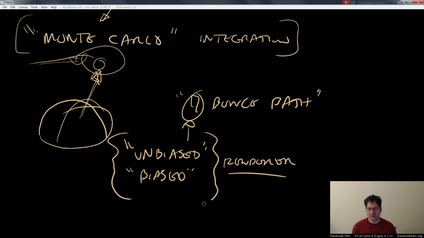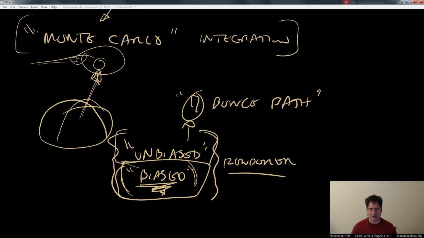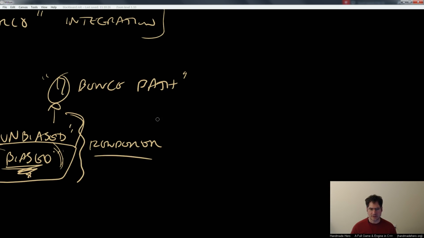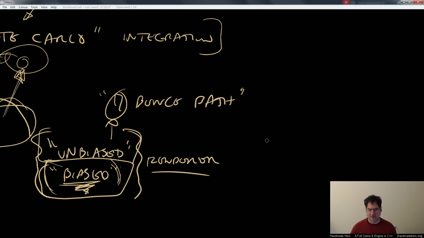These things are used largely because in the offline world, you actually care about converging reasonably, after some number of samples, to a solution that correctly approximates the light on average. A biased renderer will not necessarily do that. An unbiased renderer will. This is getting a little off topic, but I'll give you a case.